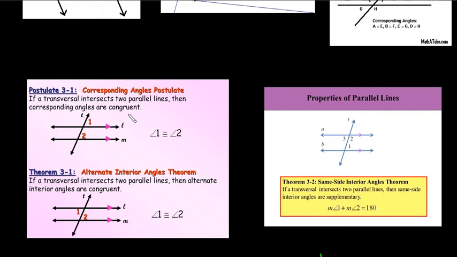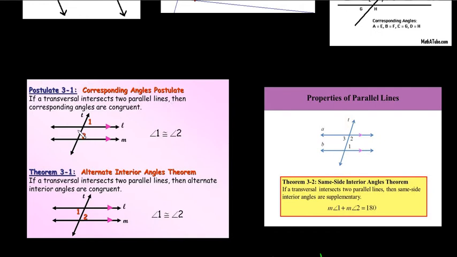That means angle 1 is congruent to angle 2. If this angle right here had a number 3 and this one had a number 4, number 3 and number 4 would be congruent because they're corresponding angles.